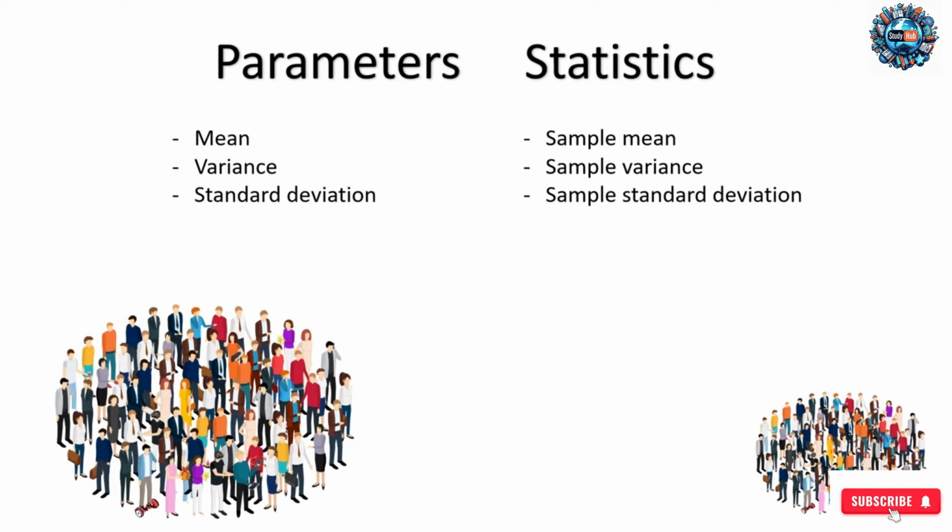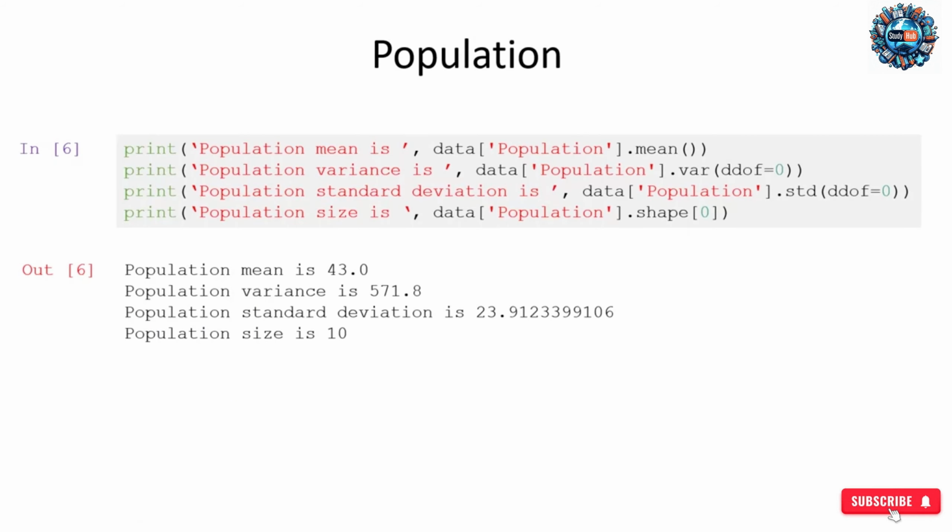Once target population is fixed, these summary numbers will not change. Sample also has mean, variance, and standard deviation, but their values change in different samples, even if they are drawn from the same population.